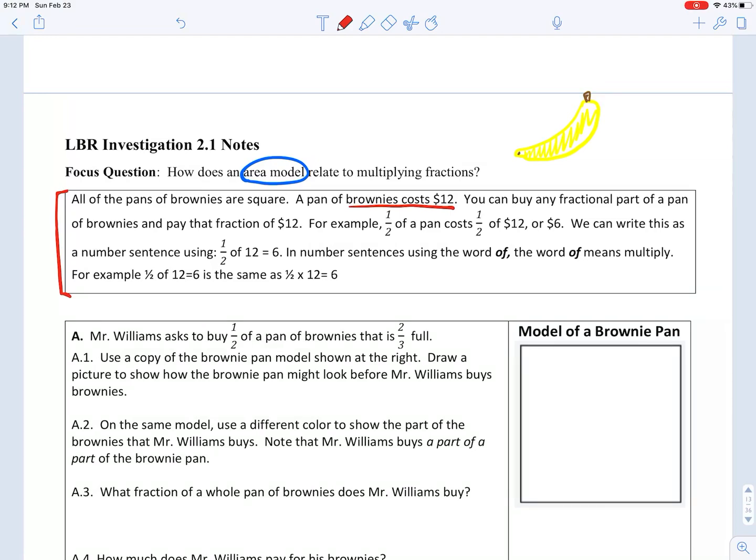In number sentences, using the word of means multiply. For example, 1/2 of 12 equals 6 is the same thing as 1/2 times 12 equals 6. So there are some pretty big things in here. Whatever fraction you buy of a brownie pan, you're going to pay that fraction of $12. That's going to help you with these next few questions.